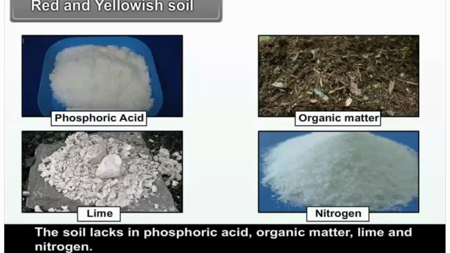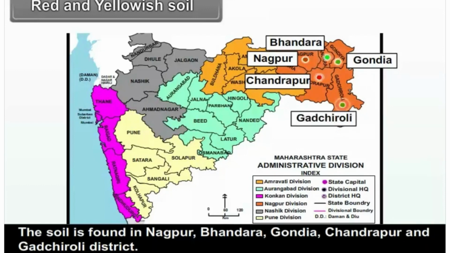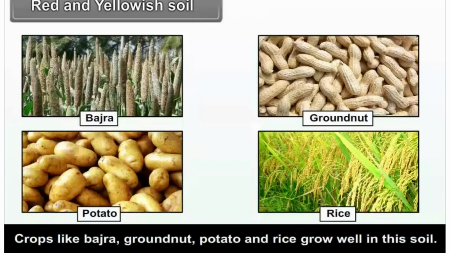The soil lacks phosphoric acid, organic matter, lime, and nitrogen. The soil is found in Nagpur, Bhandara, Gondia, Chandrapur, and Gadchiroli districts. Crops like bajra, groundnut, potato, and rice grow well in this soil.